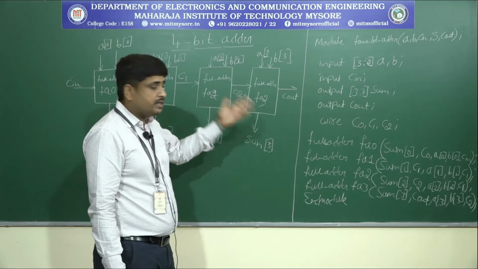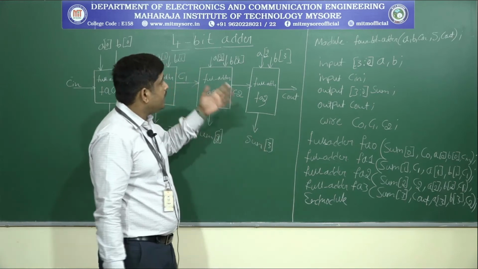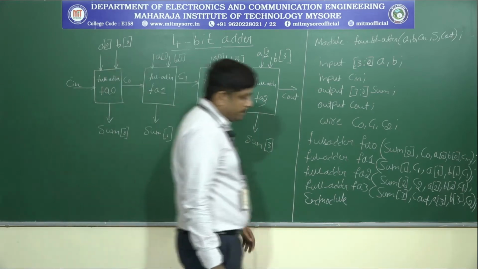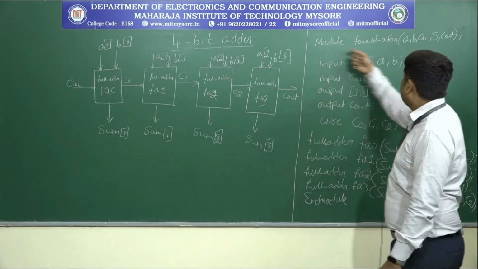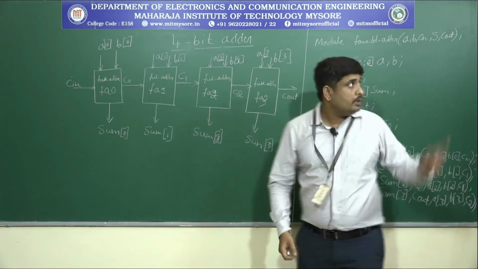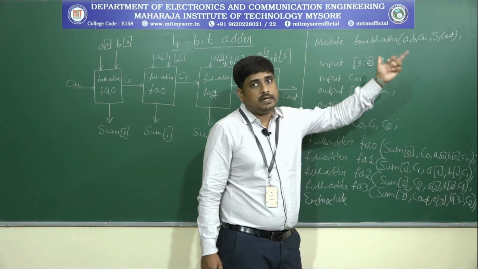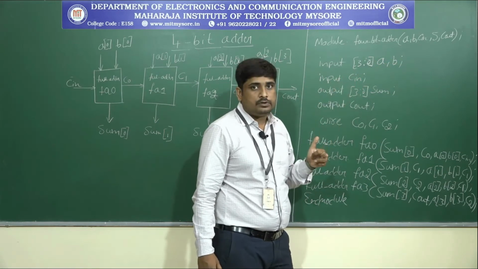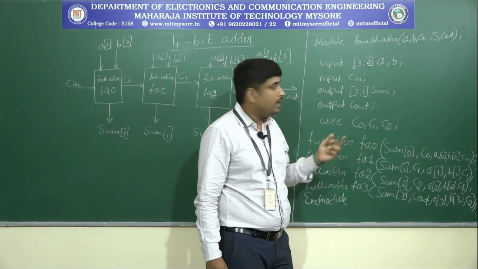There is further continuation for the full adder circuit, so again I repeat this. Module full adder A, B, Cin and sum, Cout. A, B and Cin are the inputs, then sum and Cout are the outputs.